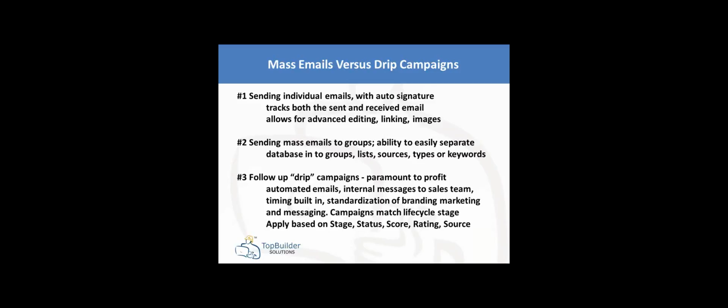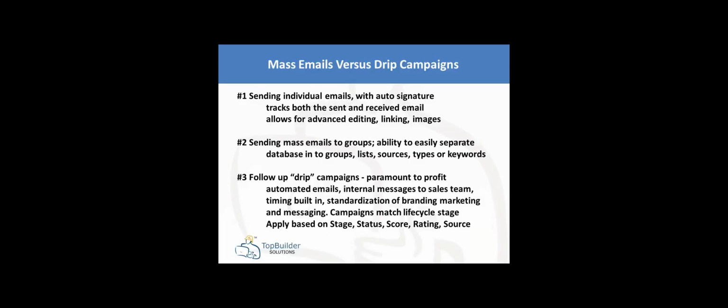Of course, you want to send mass emails to groups, and you want to be able to easily separate your groups. Maybe I want to send one email to the Northwest Division, and another email to the Southeast Division because there could be topography, climate, all kinds of different issues in the Southeast as opposed to the Northwest, right? You want to be able to separate and easily send mass emails, without some marketing manager having to spend brain power to do it.